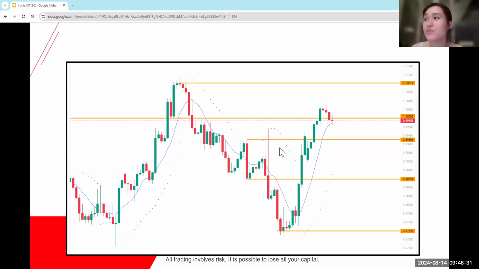A pullback level is, for example, like this one, where we have a swing high. Price breaks out of that swing high level and is now turning back to reverse back to that level. So that's how we decide where to place our support and resistance levels. We use all of that in combination with the indicators that I've gone through already.